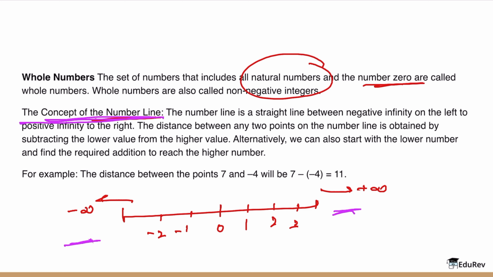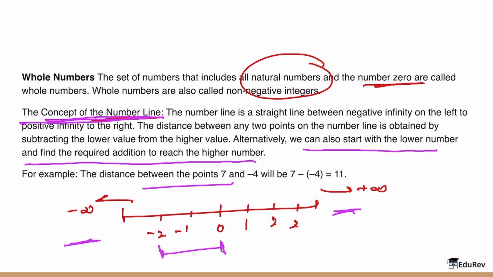The distance between any 2 points on the number line is obtained by subtracting the lower value from the higher value. Alternatively, we can start with the lower number and find the required addition to reach the higher number. Suppose there are 2 points, 7 and -4, and I want to find the distance between them.